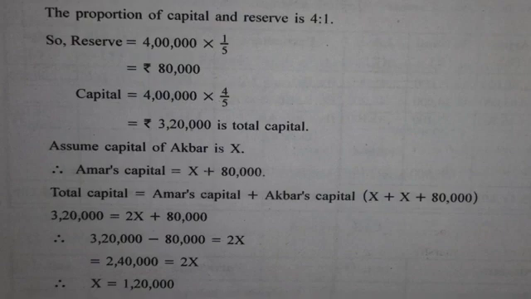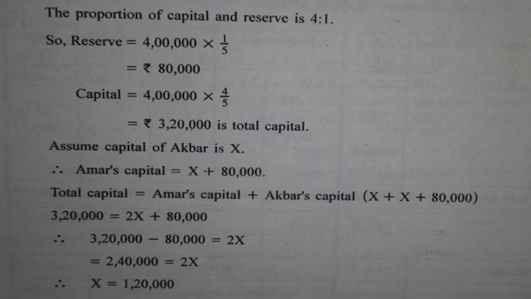So 4 lakh is divided in the proportion of 4:1, and you have obtained the respective amounts of reserve and capital. Reserve is rupees 80,000. Capital is rupees 3,20,000.